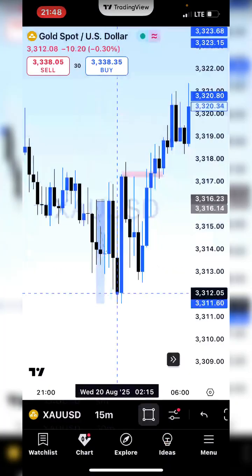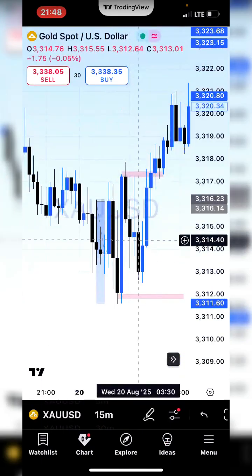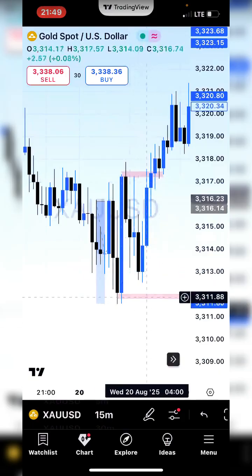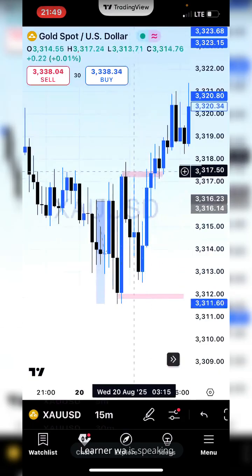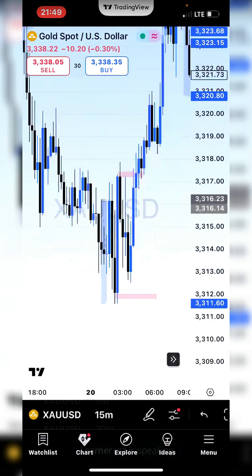So this was the range. When it was here, it was in a range between this high and this low. Do you understand? So this is structure retest high and this is structure retest low. Do you understand now? Yes, yes, sir.